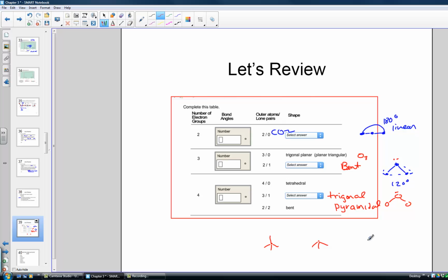And the other domain, if we had just 2 electrons bonded, you end up having it bent. So these would be unbonded pairs. So you have tetrahedral, trigonal pyramidal, and bent, all of these with bond angles of 109.5 degrees.